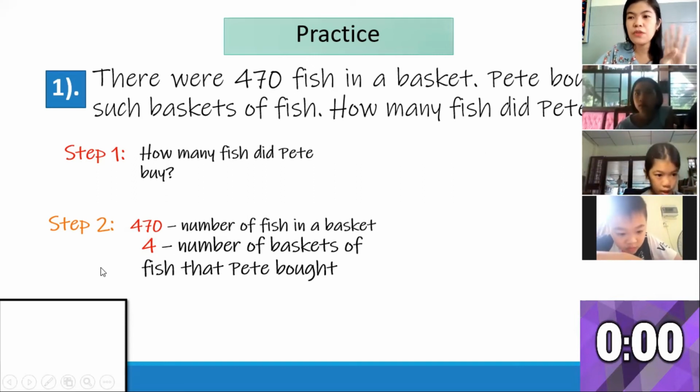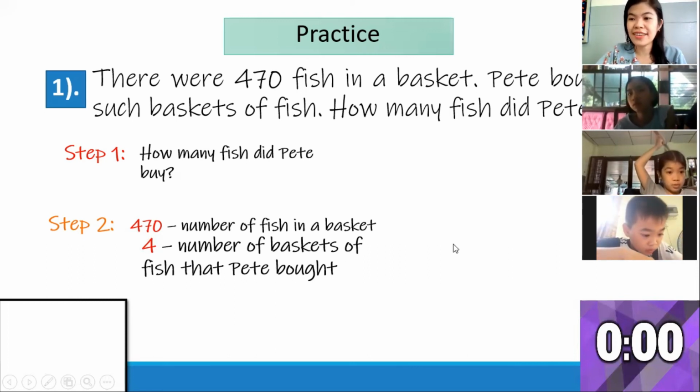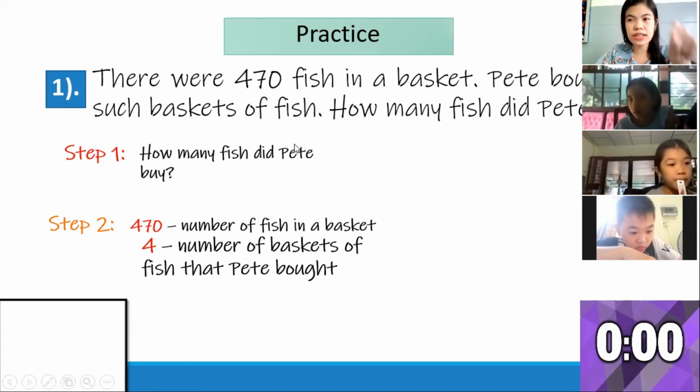And number 4, what is 4? That is the number of baskets of fish that Pete bought. Do you get the answer? So this is how you answer step 2. Look for the numbers and write what each number is.